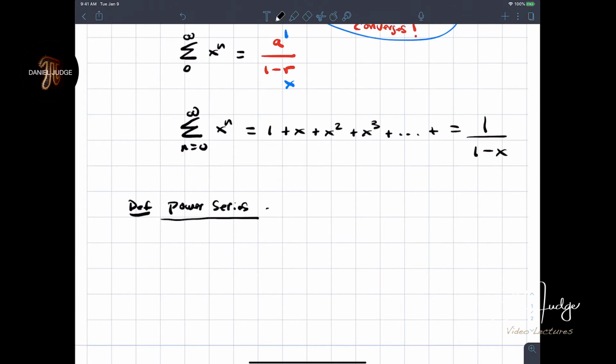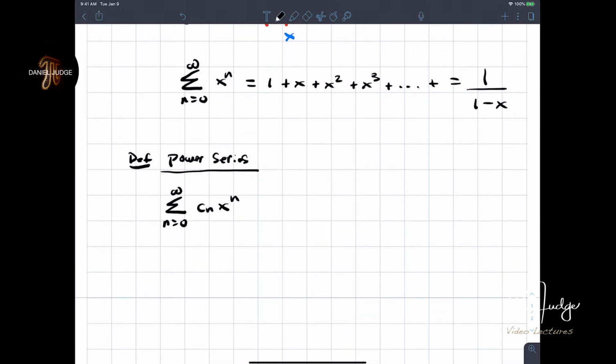So your book starts this off this way. Your book will say anything that looks like this: the sum from n equals 0 to infinity of Cn x to the n.